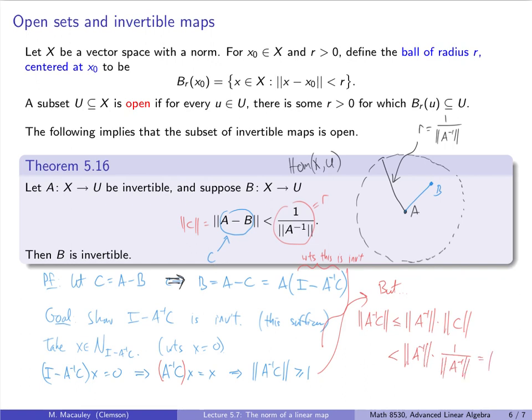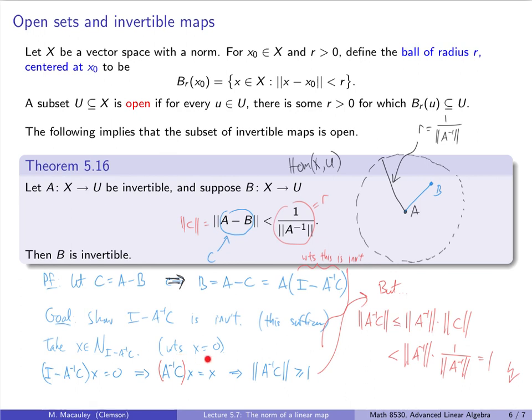So on one hand, we have that the norm of A inverse C is at least 1, but it's also strictly less than 1. That is impossible. So that means that no such non-zero x can exist.